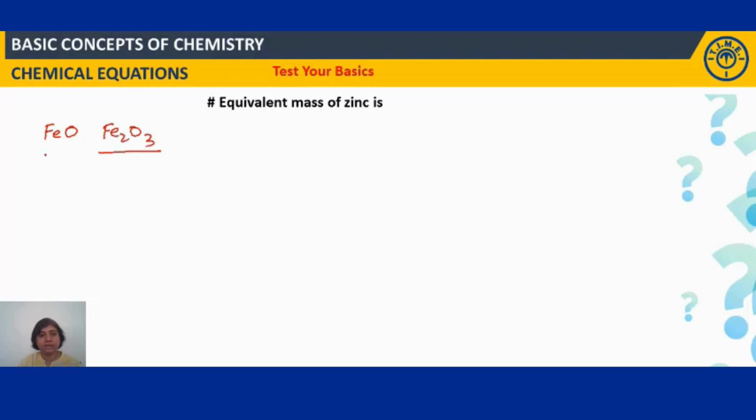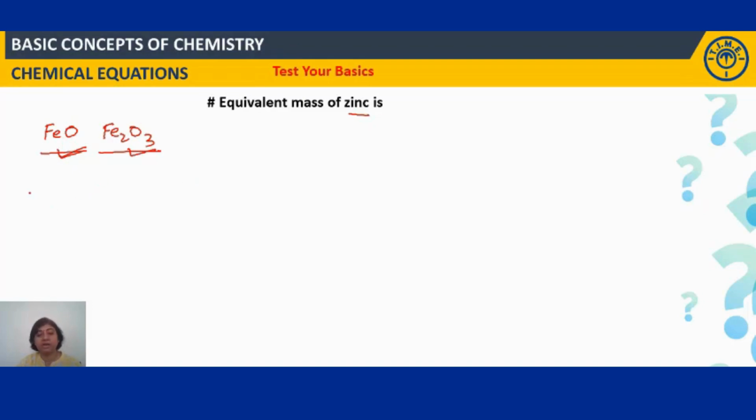If I ask you the equivalent mass of iron, then for FeO you have to consider the valency as 2. For Fe2O3, the iron is exhibiting +3 valency, so there the valency has to be considered 3. But for zinc, it is very clear, zinc doesn't have any variable valency, its valency is 2.